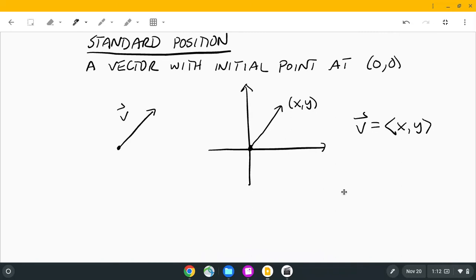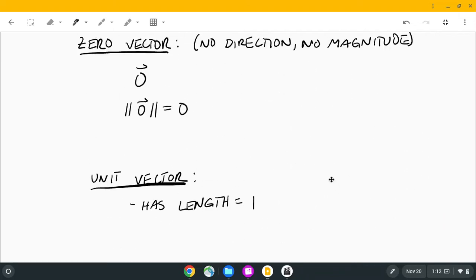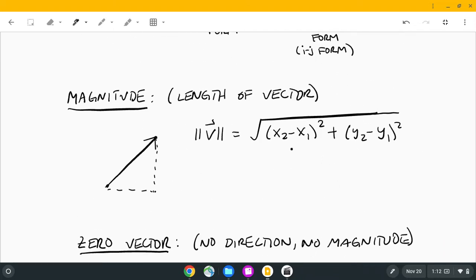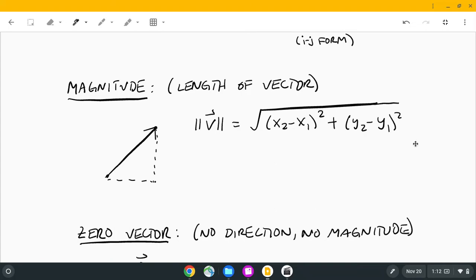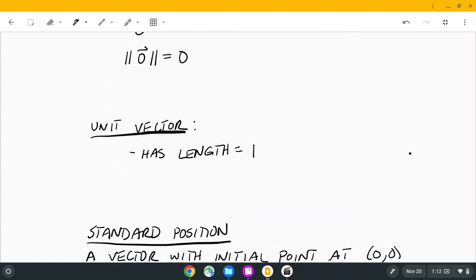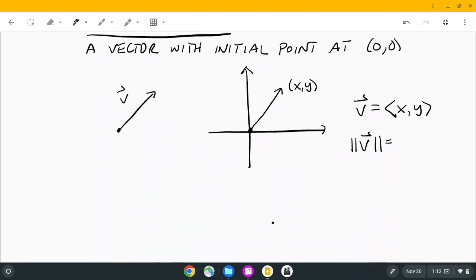And if I want to find the magnitude of v, then I don't have to do this really long formula because now x1, y1 is 0, 0, so I don't need them. And I can just say x squared plus y squared. Okay, so let's go ahead and do that.